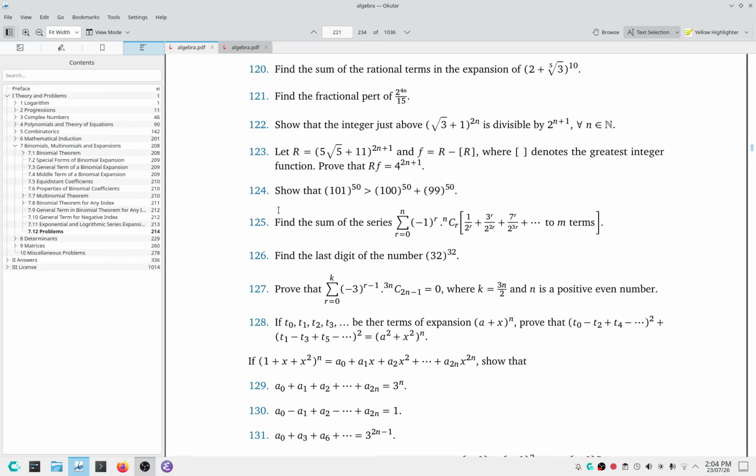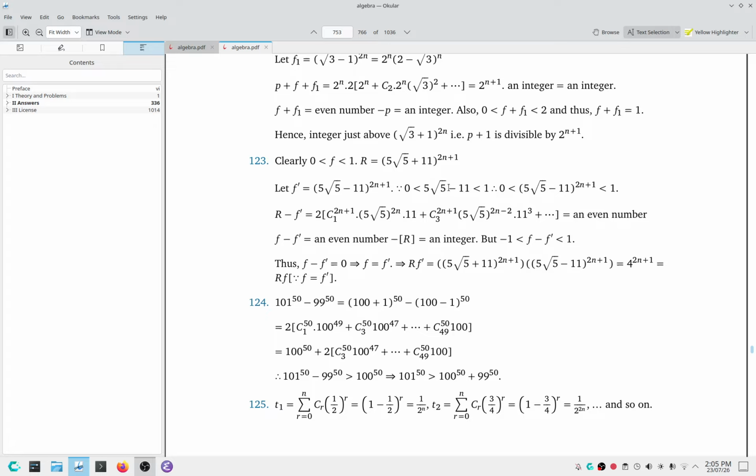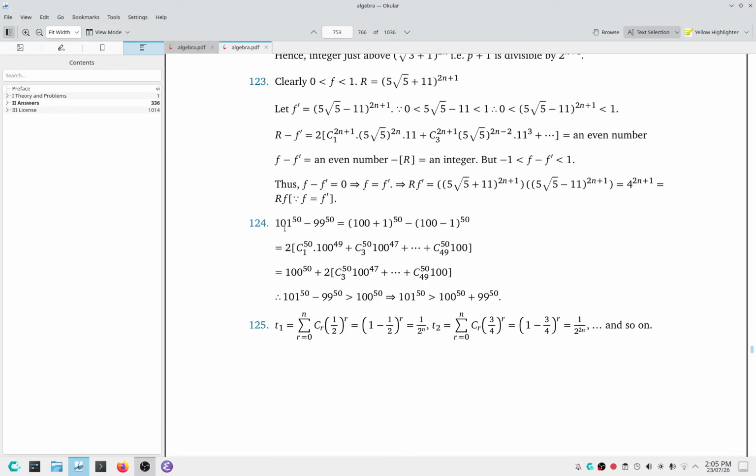Question 124 says that show that 101 to the power 50 is greater than 100 to the power 50 plus 99 to the power 50. 101 to the power 50 minus 99 to the power 50 is equal to (100 plus 1) to the power 50 minus (100 minus 1) to the power 50, which is equal to 2 times [50c1 times 100 to the power 49 plus 50c3 100 to the power 47 and so on].